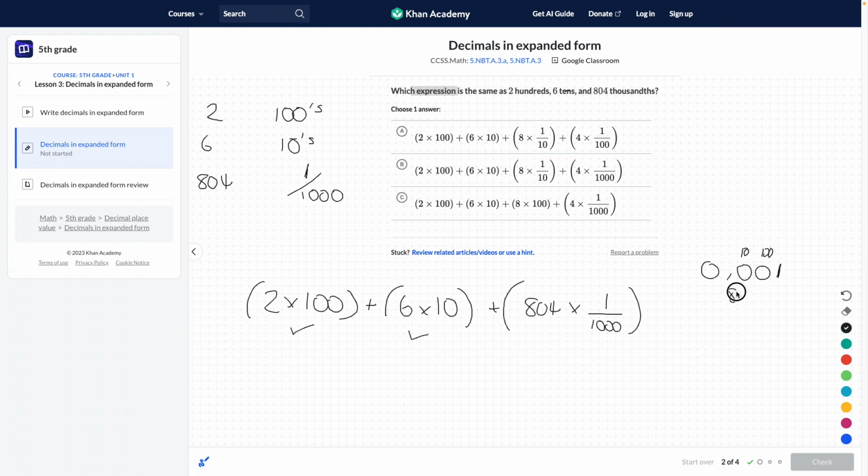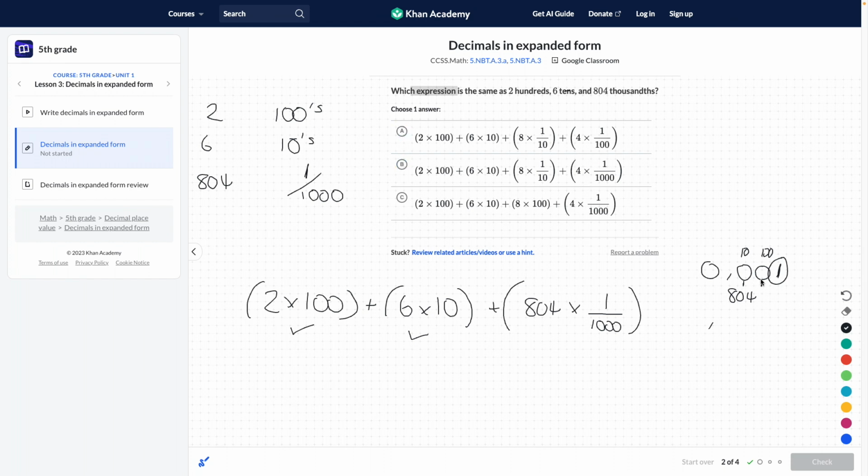So it's 804 times this here. If we times that by 10, it's going to put a 1 here. So it's going to put an 8. So it's going to be 8 tenths, first of all. And then it's not going to be 4 times 1,000ths.